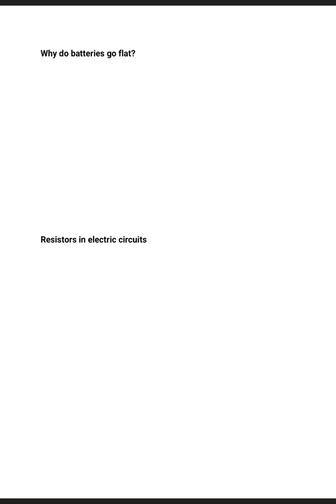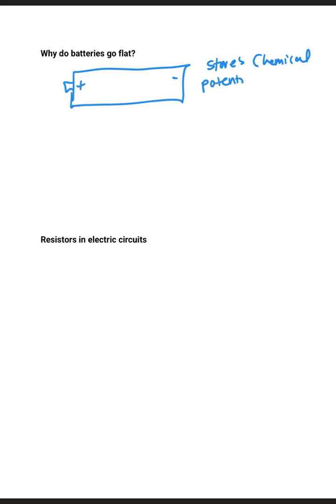Why do batteries go flat? A battery stores chemical potential energy. So if we have a battery here, right? So this is the battery. A battery stores chemical potential energy. When it is connected in a circuit, a chemical reaction takes place inside the battery.